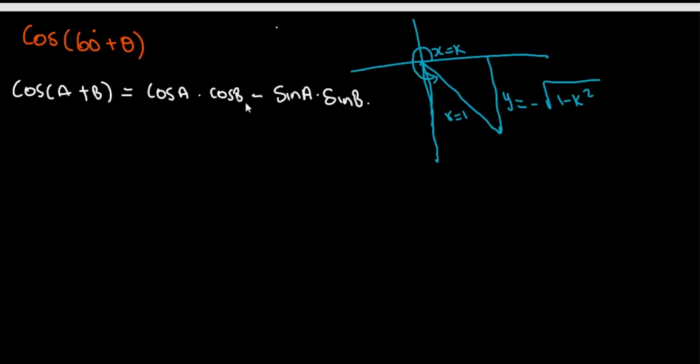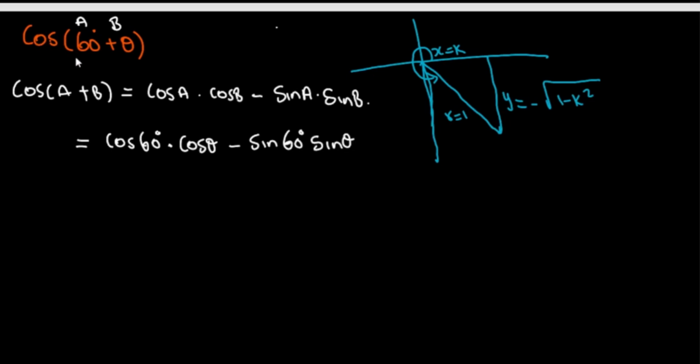Now I'm going to say this is cos. I know this is my angle A and this is my angle B. So this will be the cos of A, which is 60 degrees, multiplied by the cos of B, which is the cos of theta. We minus the sine of A, which is 60, and then we have the sine of B, which is the sine of theta.